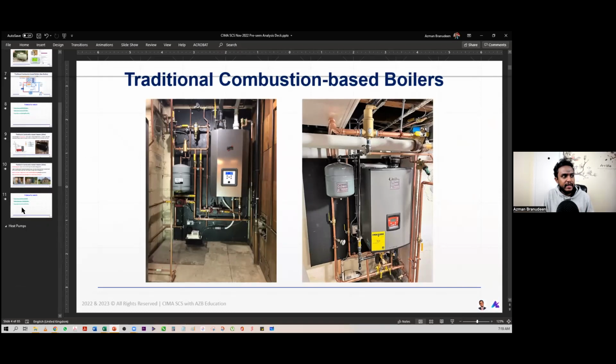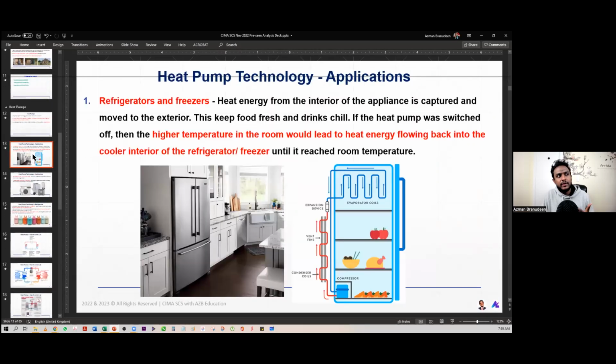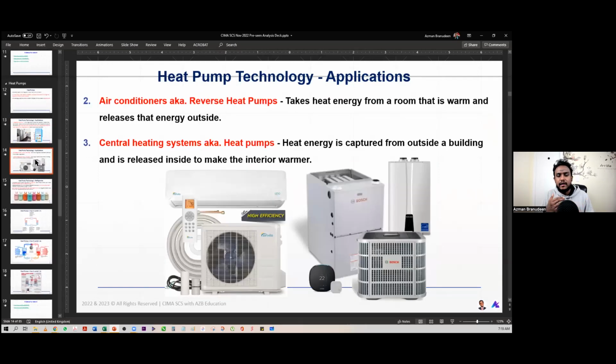We also looked at heat pumps, which was a much closer, much deeper look, because heat pumps are a very important element of the domestic or residential heating industry.